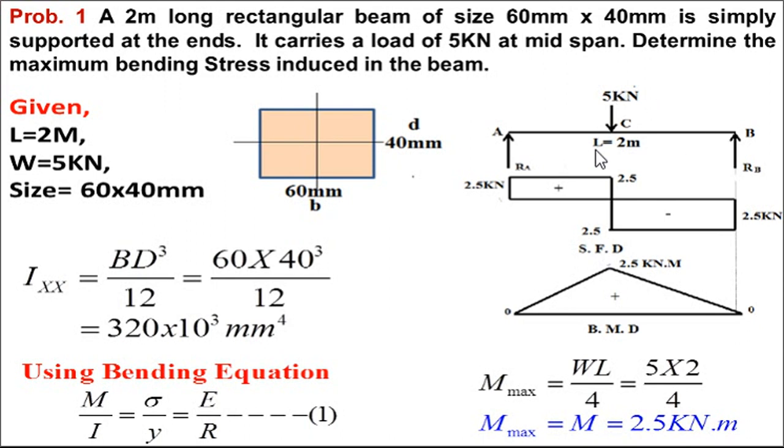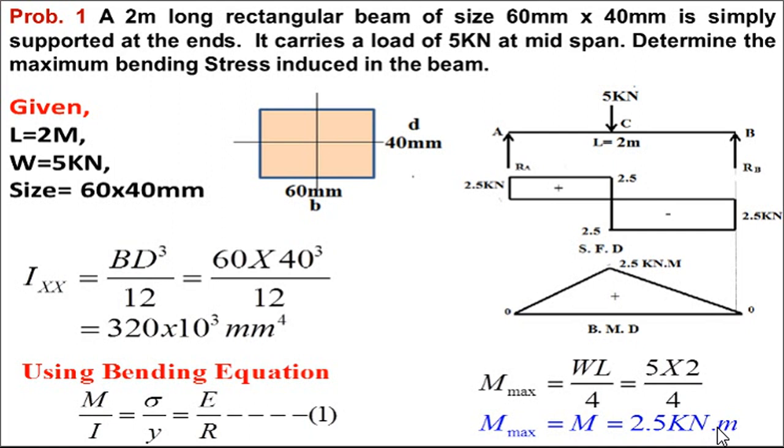For a beam with simply supported and central point load, M max is WL by 4, where W is 5, L is 2, divided by 4, we will get M max as 2.5 kilonewton meter. You have to convert all these values into Newton mm.